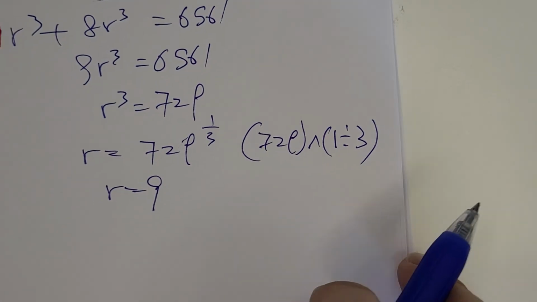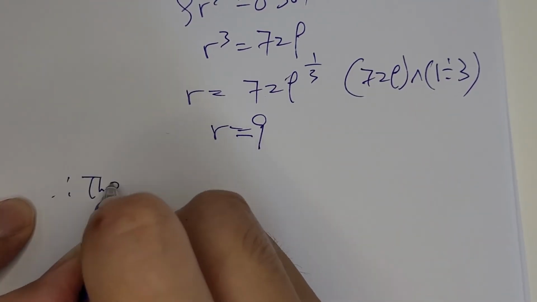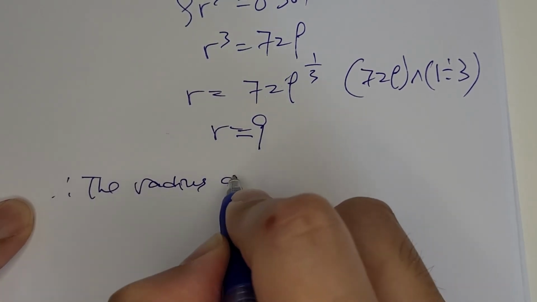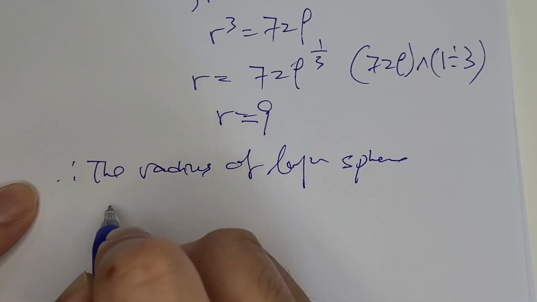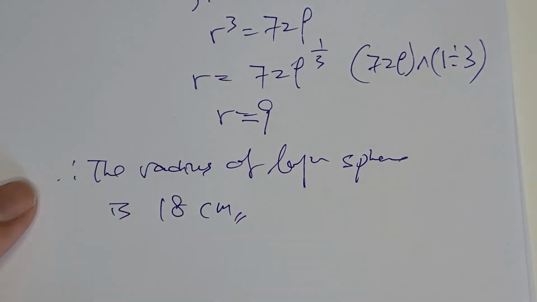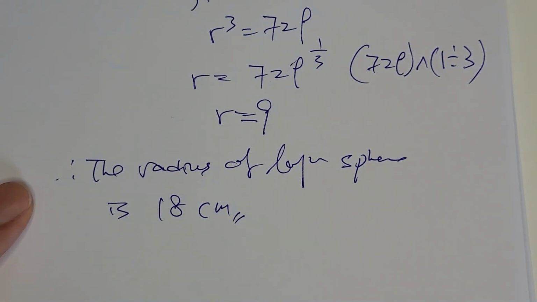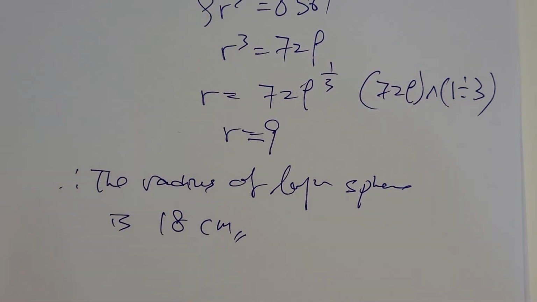So that's the radius of the smallest sphere. Therefore, the radius of the larger sphere is not 9 but 18, because the radius of the larger sphere is 2r. Okay? So that's the end of question number 9.